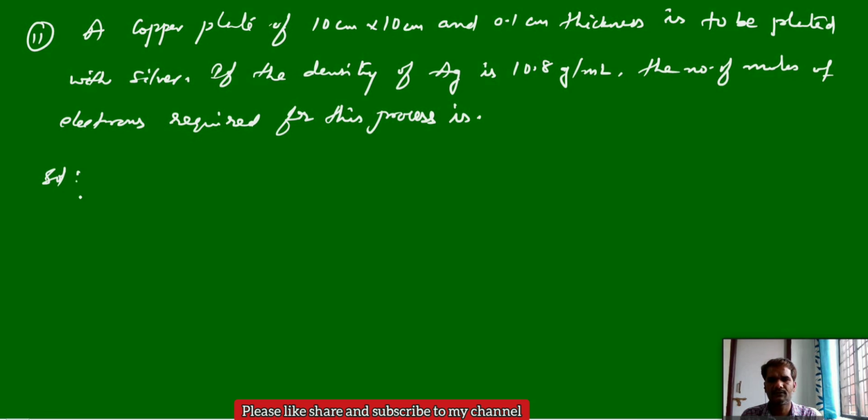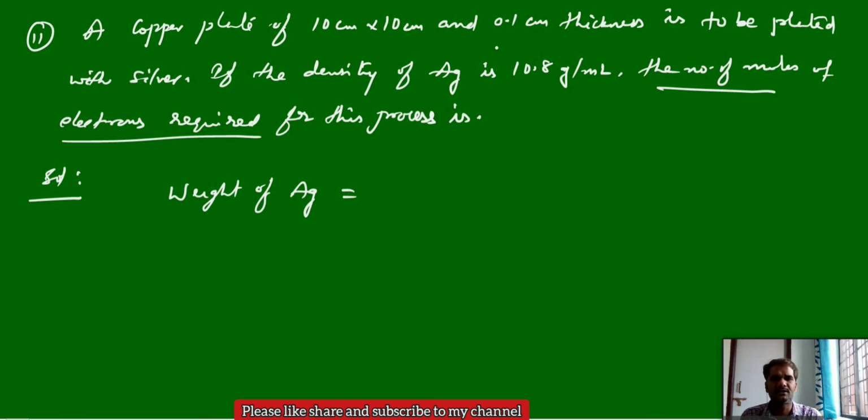Now what is the solution for this? They are asking the number of moles of electrons required, which means the charge. If you know the weight of silver plated, then you can calculate the number of electrons required. First you calculate the weight of silver. What information do we have? The copper plate dimensions are there, so you can calculate volume from that, and the density of silver is given.